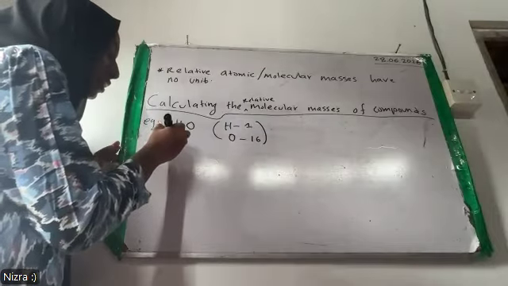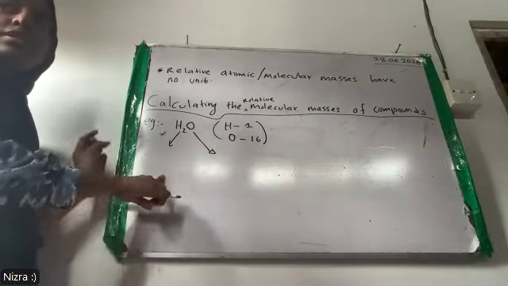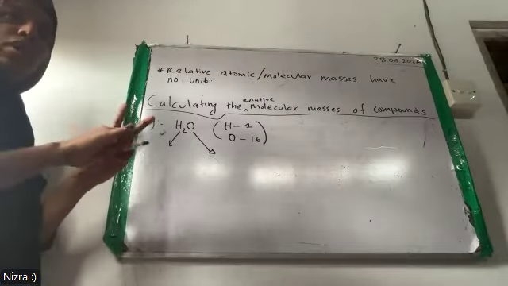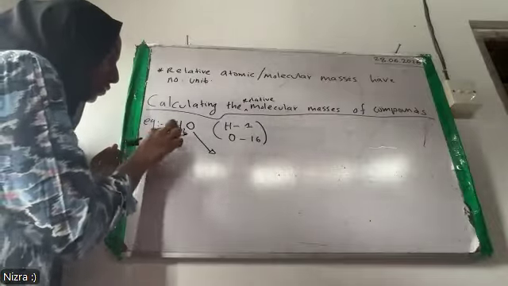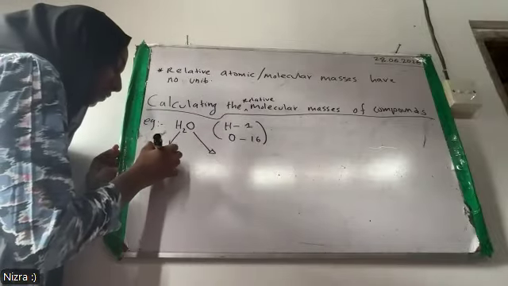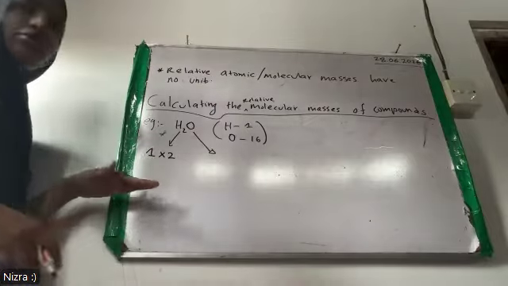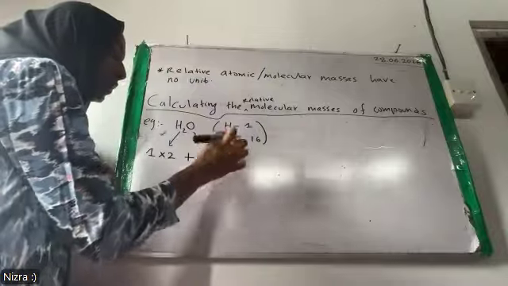So you have to take each element now. How many hydrogens do you have in this? Two. Water molecule has two hydrogen and one oxygen atom. So first you have to take the relative atomic mass of hydrogen, which is 1, and multiply it by 2 because you have two hydrogen atoms. And then you take the relative atomic mass of oxygen.